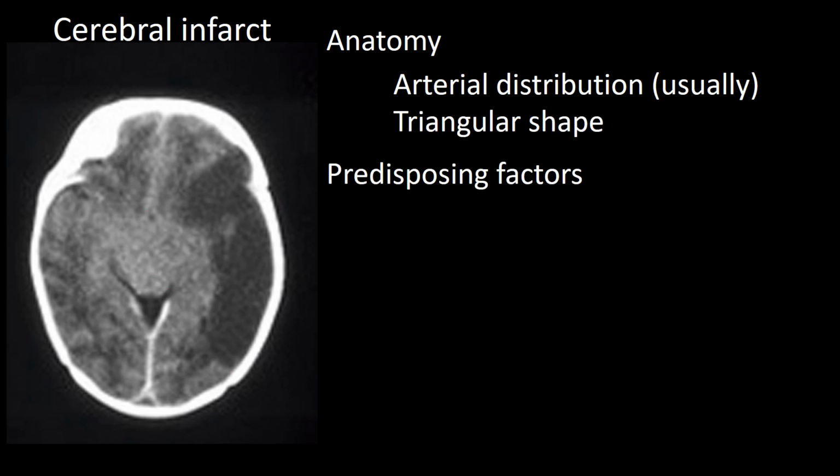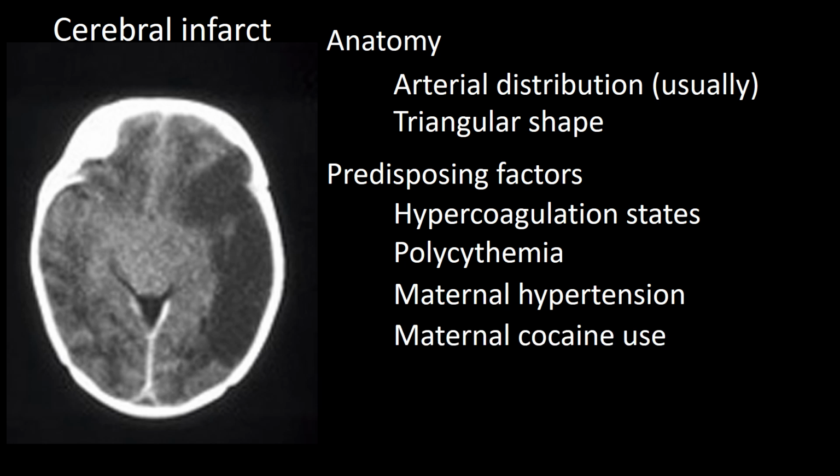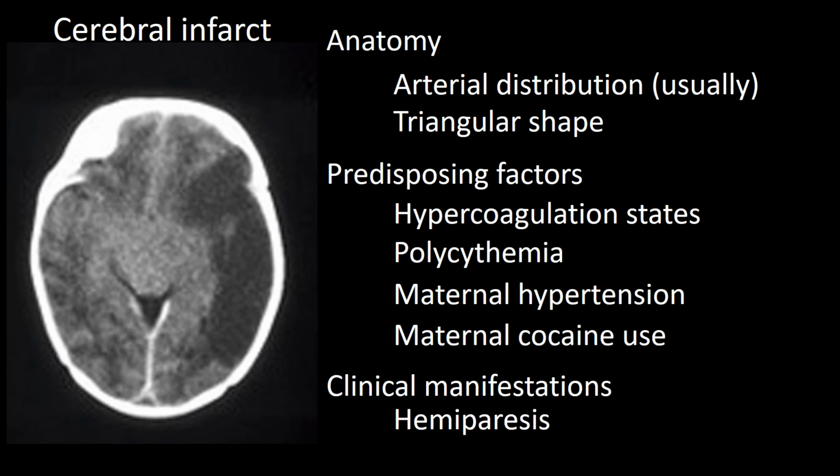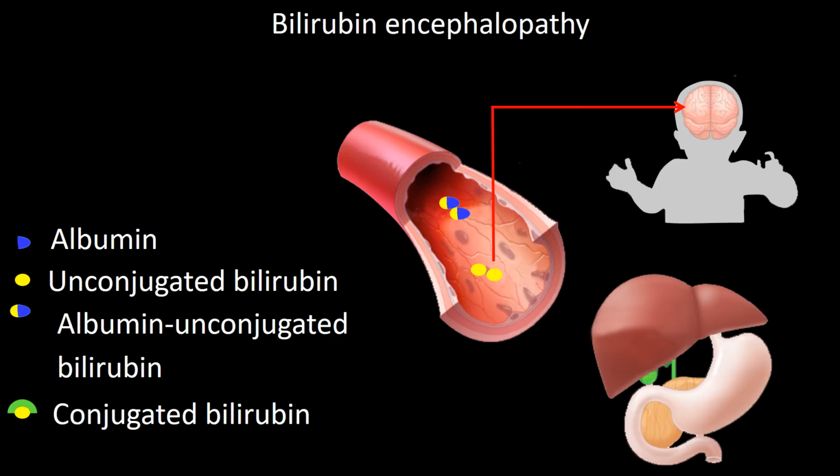Predisposing factors are hypercoagulation states, polycythemia, maternal hypertension, and maternal cocaine use. Clinical manifestations include hemiparesis and seizures. The third condition we will discuss is bilirubin encephalopathy.